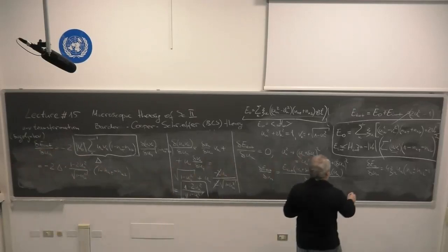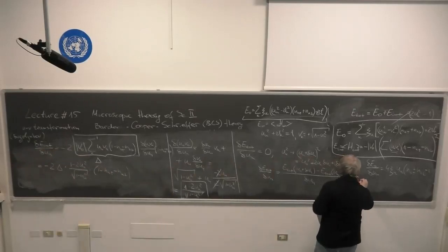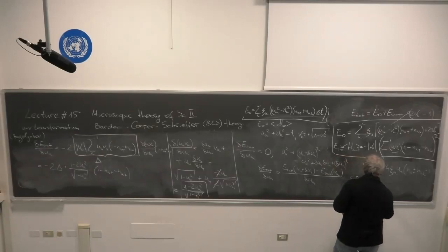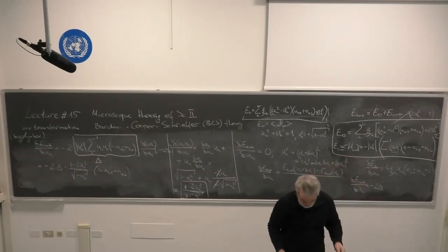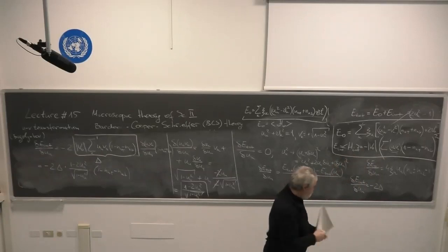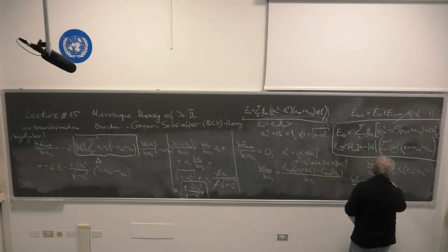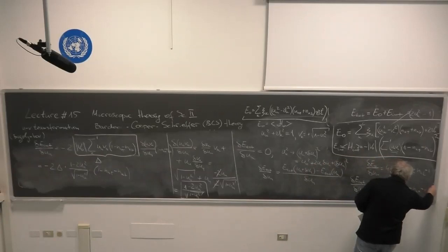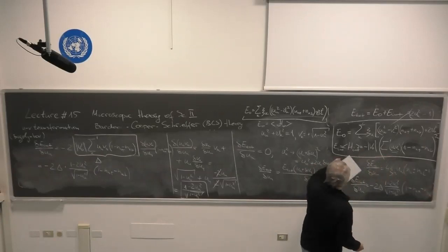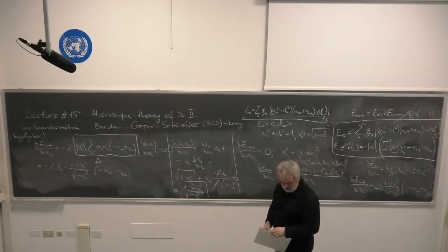So δE interacting over δu_k is equal to minus 2 Δ times (1 minus 2 u_k squared) divided by the square root of 1 minus u_k squared, times 1 minus n_k up minus n_k down. So now I put things together. Okay?